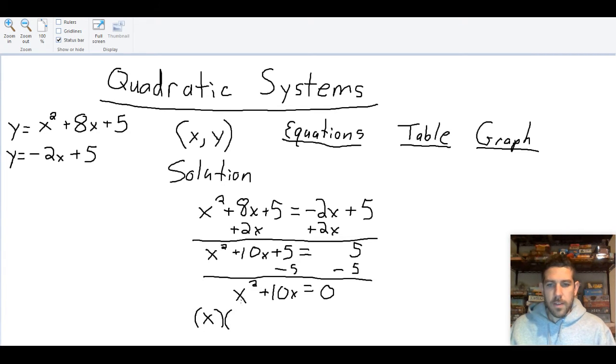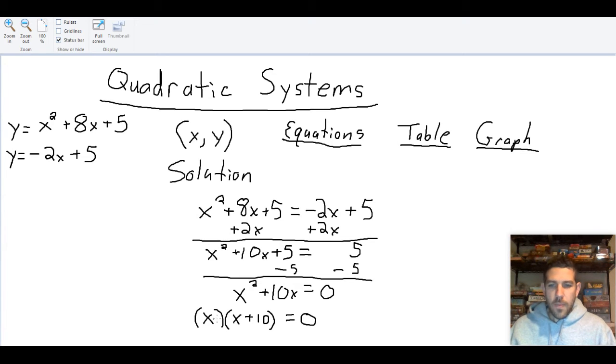Dividing x out of x squared leaves x, and dividing x out of the 10x leaves just 10. And so this expression, x times x plus 10, is the same as this. It would multiply to go back to the original.